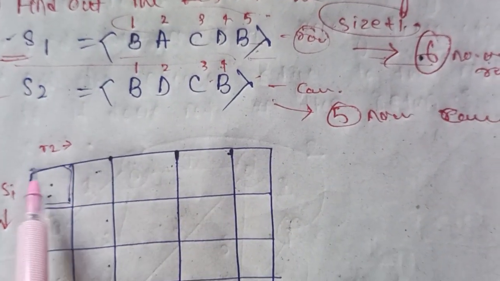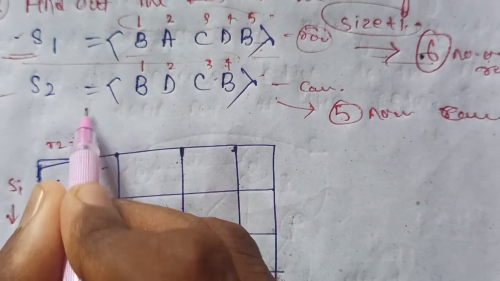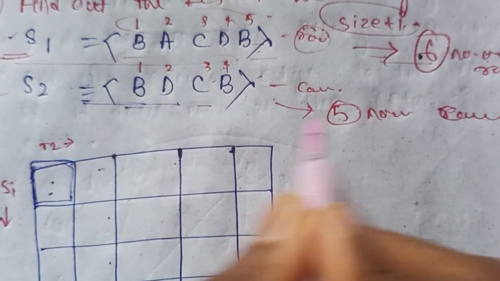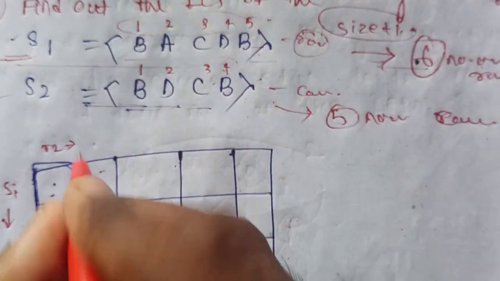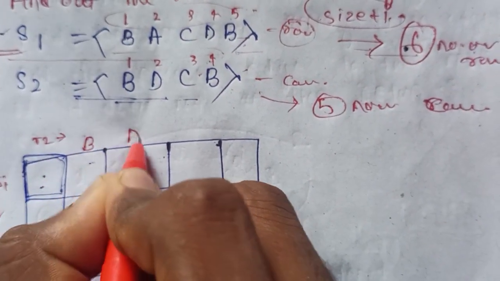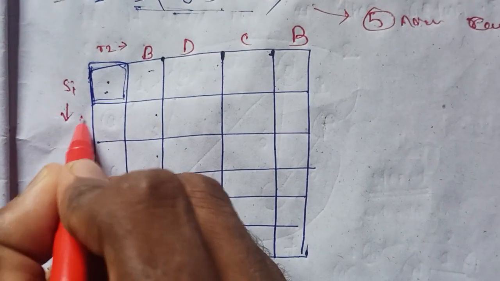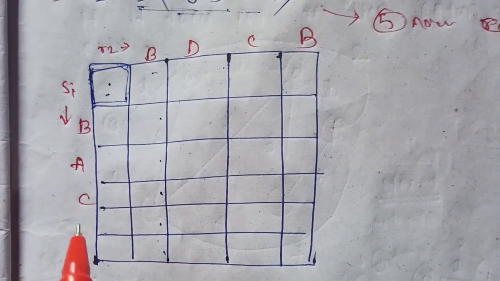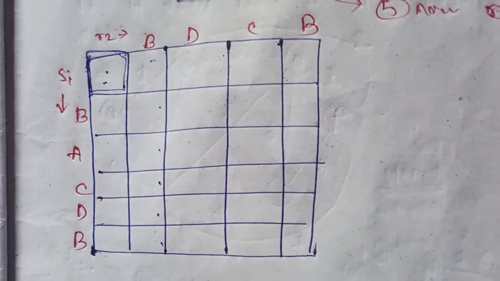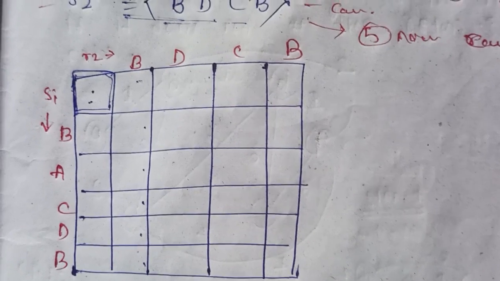In the top left first cell, do not write anything. Here write S2: B, D, C, B, and here S1: B, A, C, D, B. Clear? Any doubt?